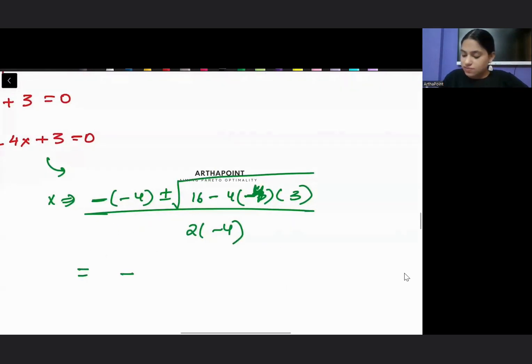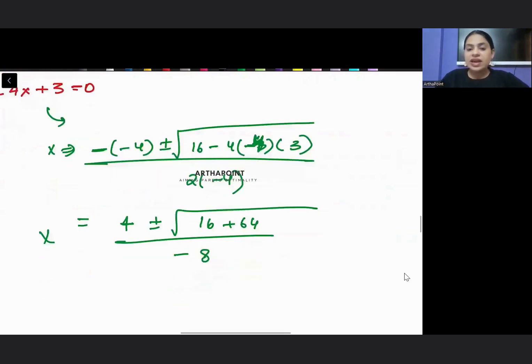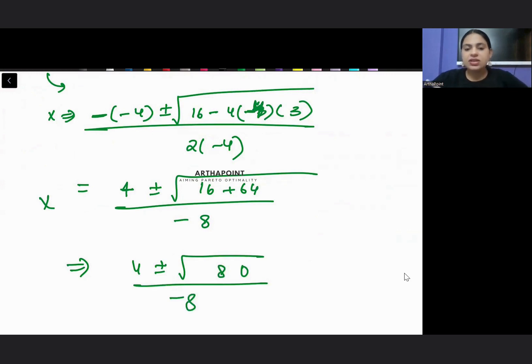So this is going to give me 4 plus minus root 16 plus 64, since 16 into 3 is 48, by minus 8, right? And this is going to give me 4 plus minus root 80 by minus 8. So this can be another way, and then you can evaluate the function at these points.